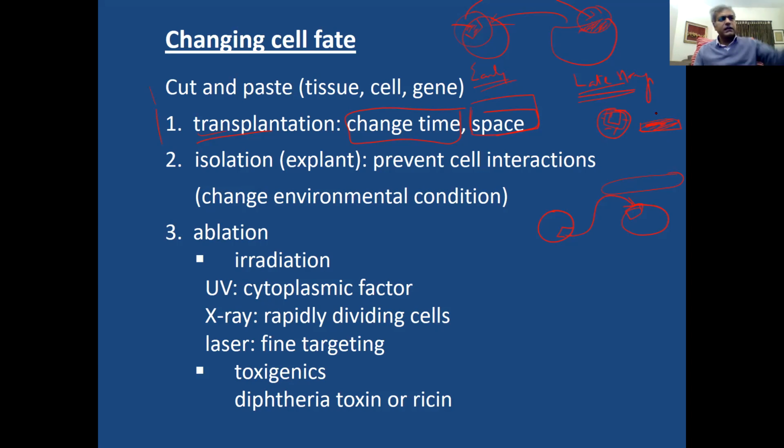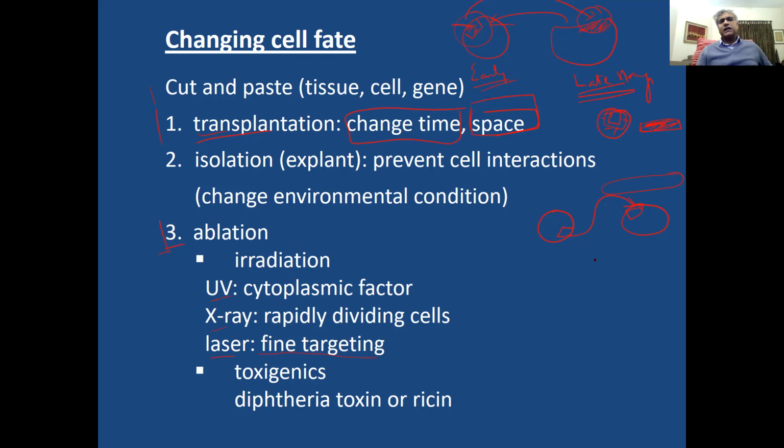Yeah, here it is. So then what we do, we also do experiments in which we ablate using radiations. You can use UV radiation, X-rays, or laser ablation is very common.